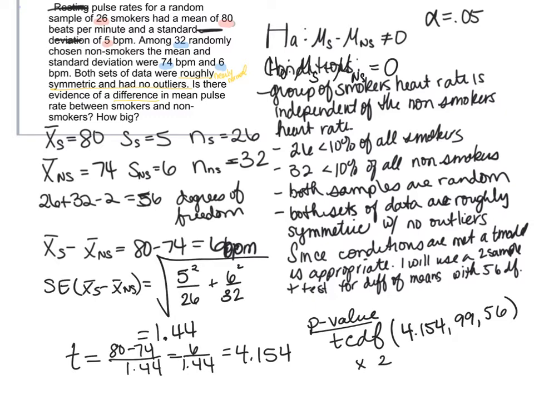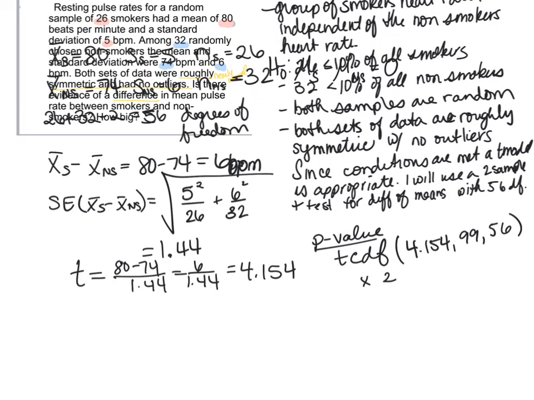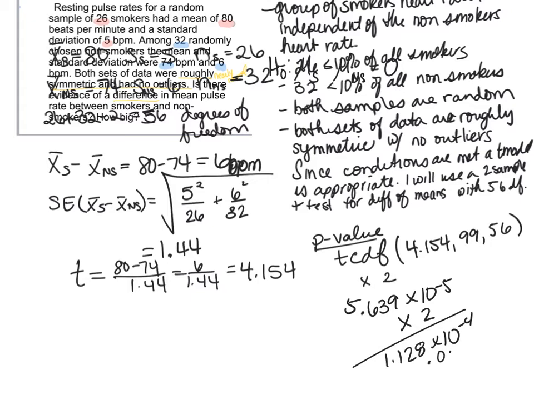We get 5.639 times 10 to the negative 5, and we're going to times that by 2, and we get 1.128 times 10 to the negative 4, which is 0.00011128.